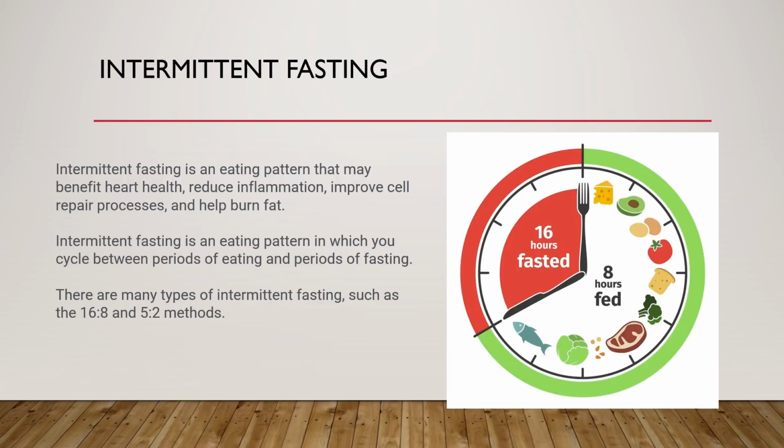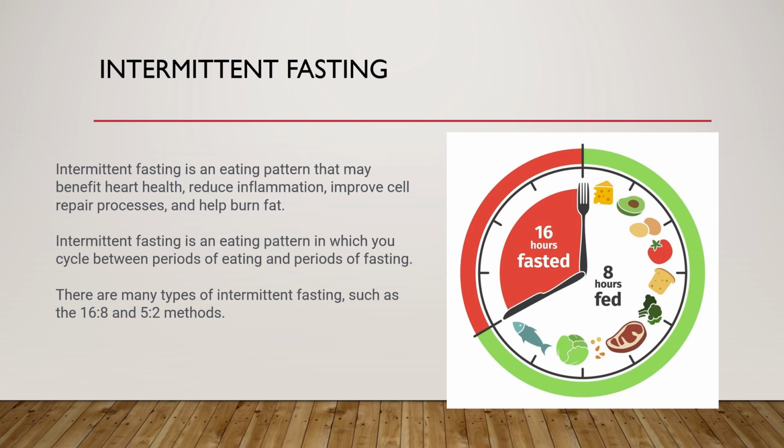Intermittent fasting. This is the fasting which is currently trending. Lots of people are going into intermittent fasting, and it actually helps you in many ways. Let's understand what exactly intermittent fasting is. Intermittent fasting is an eating pattern that may benefit heart health, reduce inflammation, improve cell repair processes, and also help in burning fat.